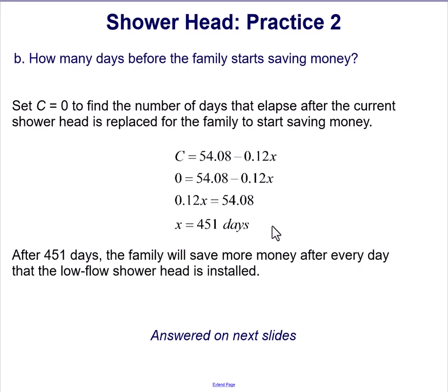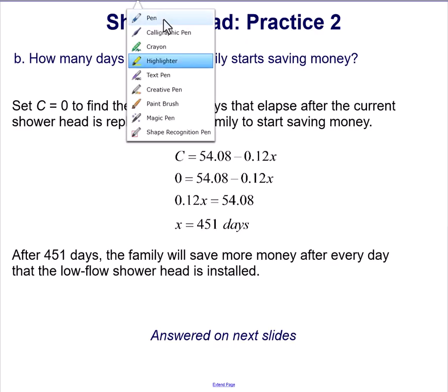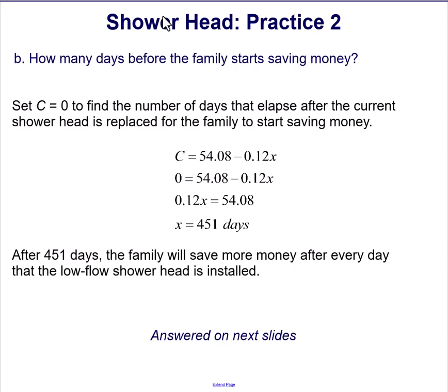Now, what happens before 451 days and what happens after 451 days? Let's pick an arbitrary day before 450 days. So let's say x is equal to 400. What I do is replace x with 400.